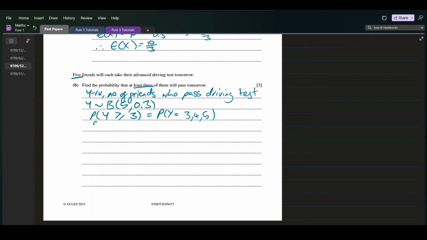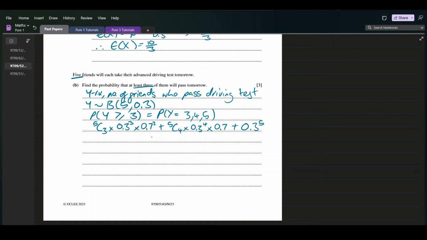So that's 5 choose 3 times 0.3 to the power 3 times 0.7 to the power 2, plus 5 choose 4 times 0.3 to the power 4 times 0.7, plus 0.3 to the power 5.